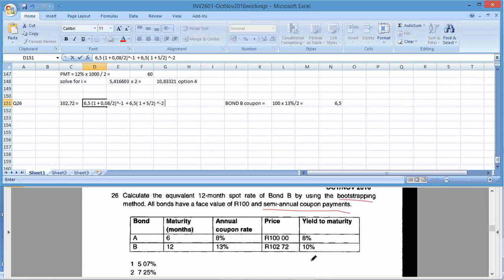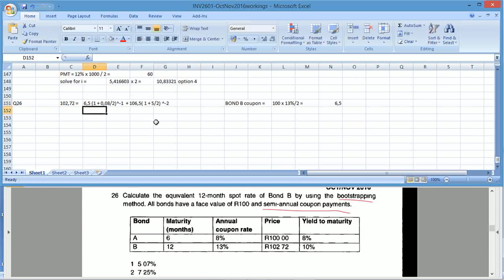Then add the final value, which is 100, the face value that needs to be discounted back in time, which is 1 plus. This is in terms of the 12-month spot, this is the end value, so that needs to go here actually.